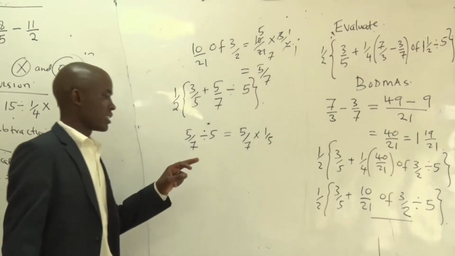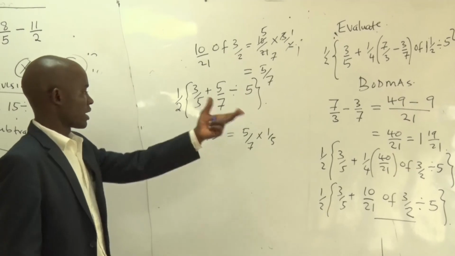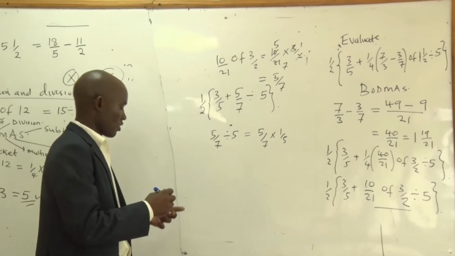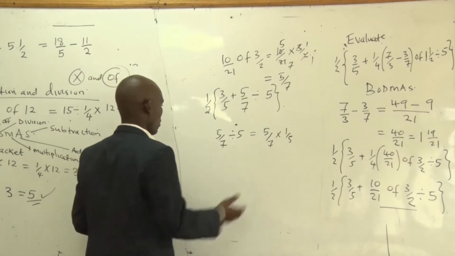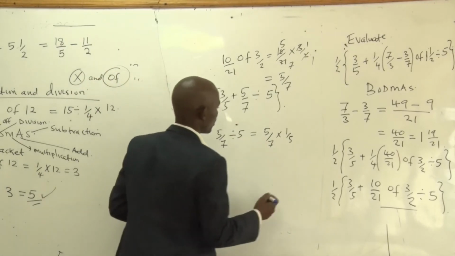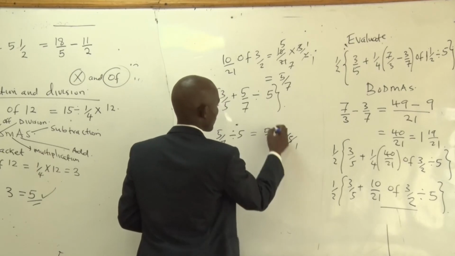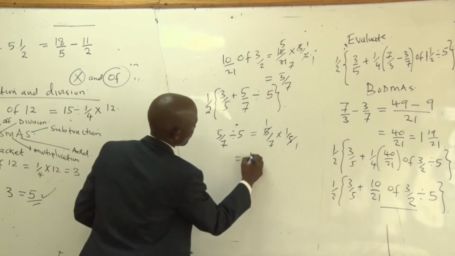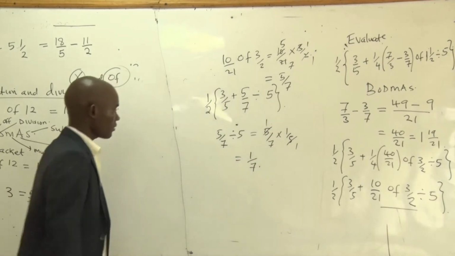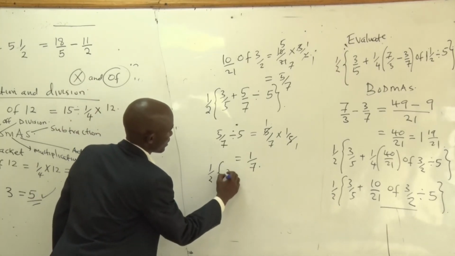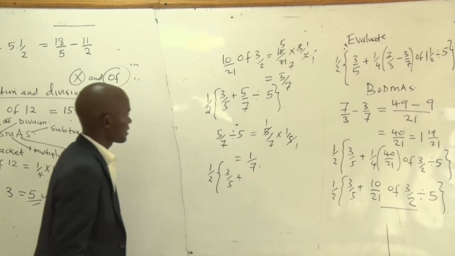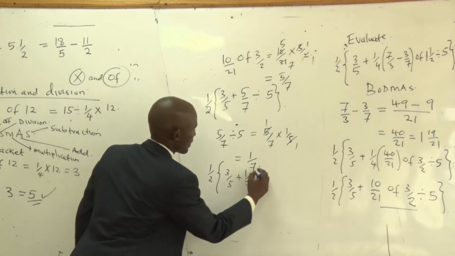If you want to change the division to a multiplication, you take the reciprocal of the number after the division, 1 over that number. You can see this will cancel this so that we have 1 over 7. Our expression further reduces to 3 over 5 plus 1 over 7.